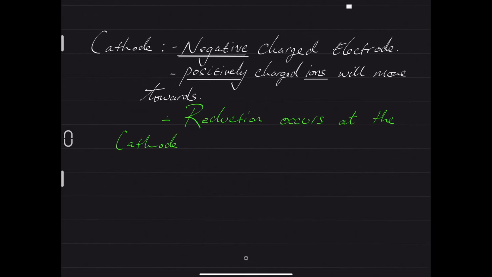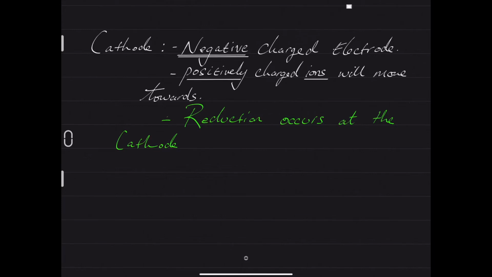We're going to talk about this in terms of ionic half equations later on, but we've already looked at oxidation and reduction in terms of OIL RIG, where oxidation is loss of electrons and reduction is gain of electrons. Keep this in the back of your mind, as we are going to have to talk about reduction and oxidation in terms of electron gain or electron loss.